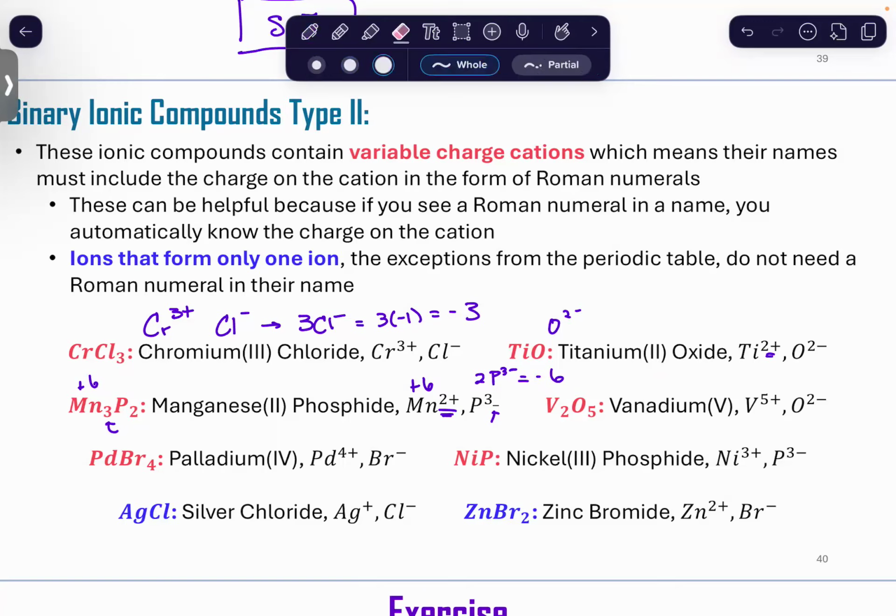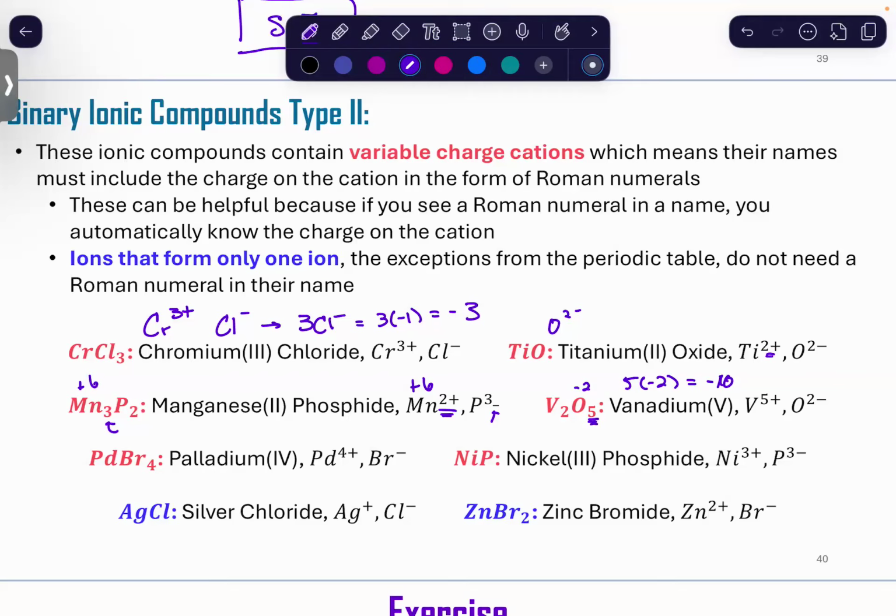Okay, so our next one, V2O5. V is vanadium. This one's again a little difficult. I have 5 oxygens. Each oxygen is a -2 based off the column that it's on the periodic table. Okay, well, 5 times -2 is -10. Great.